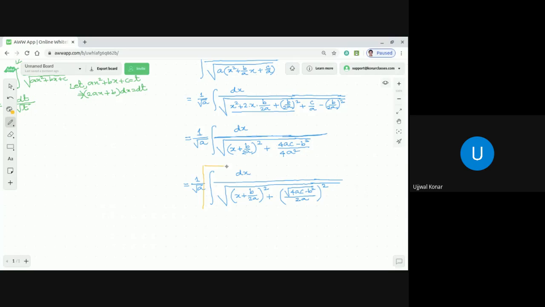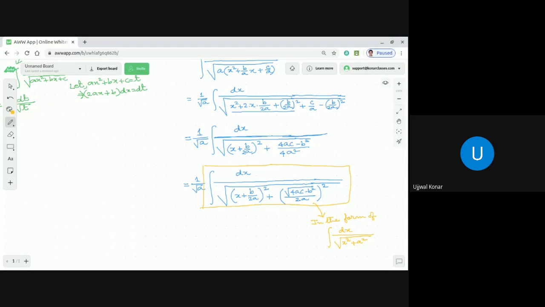Absolutely clear? Then what is actually coming? It is in the form of integration dx by square root of x square plus a square.